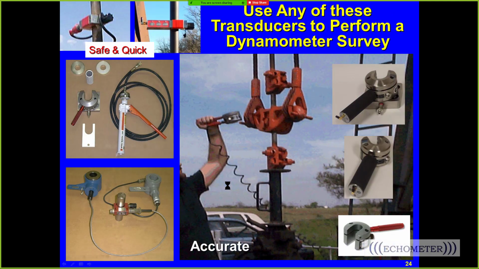So where do we get a dynamometer card? Well, you can use any of these Echometer load cells to get a dynamometer card. These are horseshoe load cells, and they're very accurate. You can use this system right here. We talked about this when we did the dynamometer presentation. Well, you can use the polish rod transducer to measure a dynamometer card as long as there's a lot of mechanical friction.